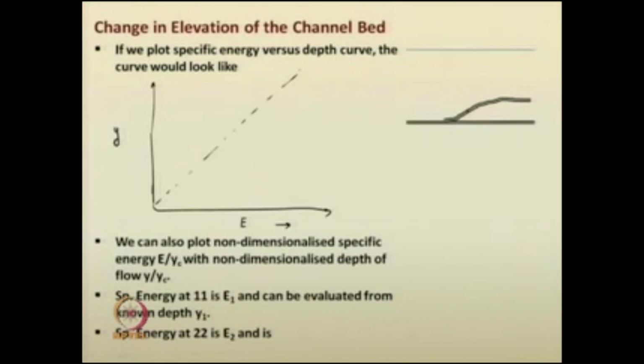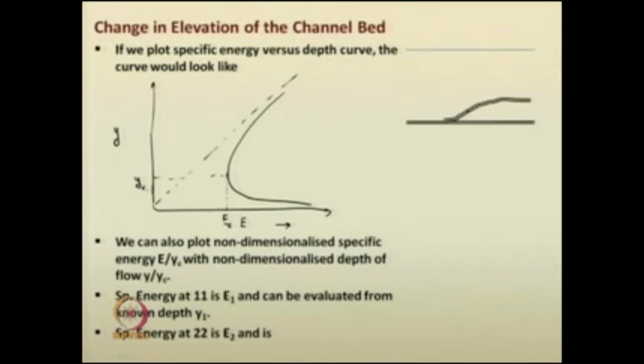This is the 45-degree line where both the specific energy and depth of flow are the same. You recall that the specific energy versus depth of flow curve looks something of this nature, and you also know that the location of the minimum specific energy EC is the critical energy and the corresponding depth is the critical depth.